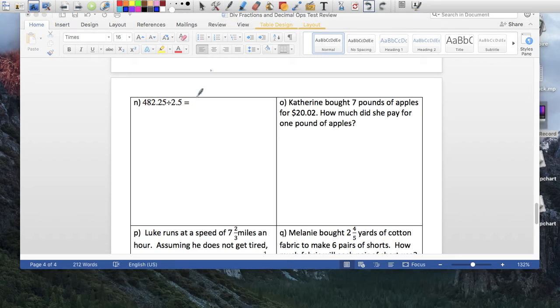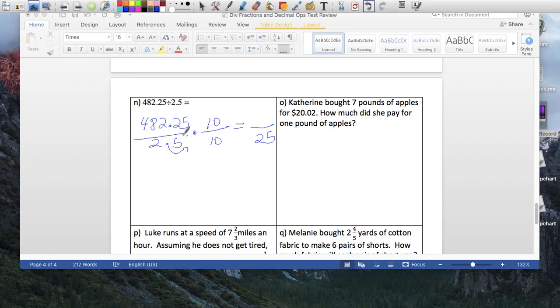So 482.25 divided by 2.5. And again, our goal here is to make our divisor into a whole number. We're going to change 2.5 so that it becomes 25. We can do that by multiplying by 10, which makes that decimal move 1 over.